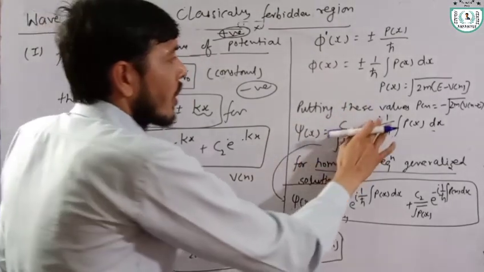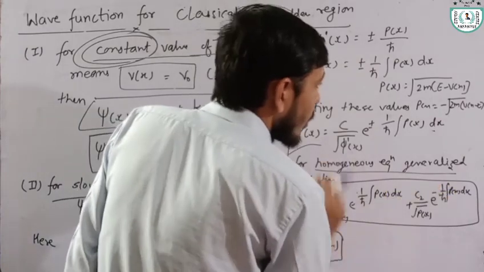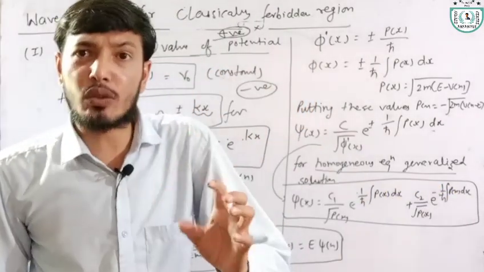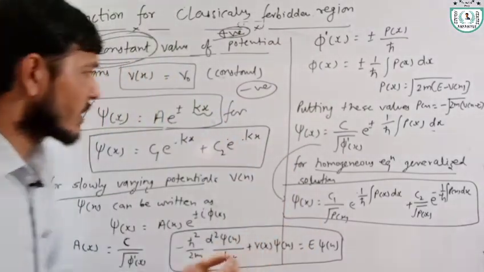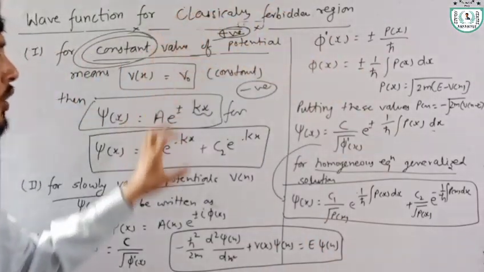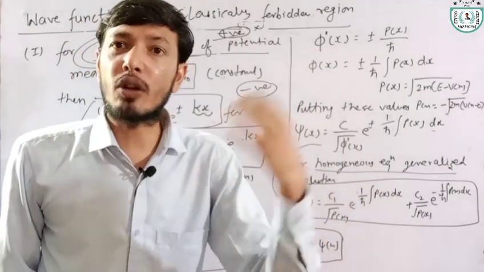Here also iota will not appear. The difference between the classically allowed region and the forbidden region, in the wave functions, is only iota. In the classically allowed region, iota will appear, and in the forbidden region, iota will not appear.